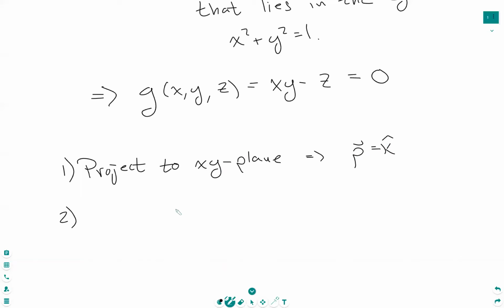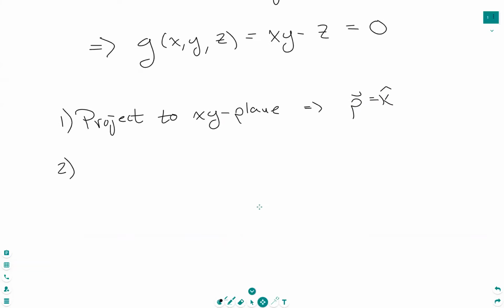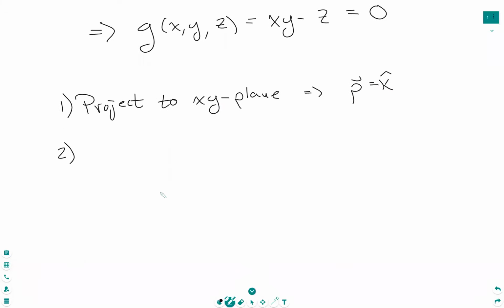Okay. So what does our projection look like? Notice that the function g doesn't tell us what the projection looks like. It doesn't actually give us any information, because for any x and y, it has some value in z. The thing that's cutting this surface to give us our bounds is the cylinder. It has to lie inside the cylinder, so x squared plus y squared is equal to 1.